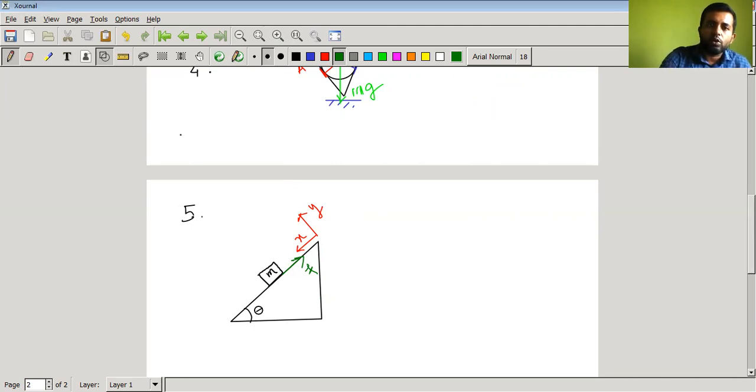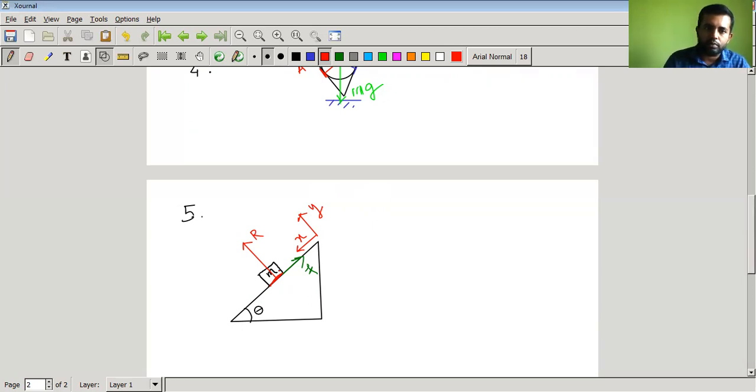Now, you also can see that this is the contact surface. So according to our knowledge, the surface will exert a normal force which will be perpendicular to the contact. So there will be a force by the inclined plane on the block, R. Now to remind you, here the block we are taking to be the system. So this block is our system. We are now writing the forces acting on it.